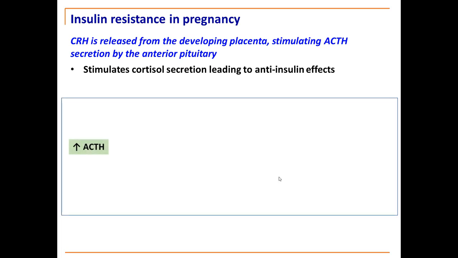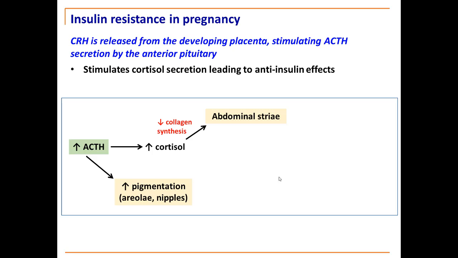So an increase in ACTH will lead to increased pigmentation around the areolae and nipples because of its melanocyte stimulating activity, therefore enhancing melanin levels. It'll also lead to an increase in cortisol, which reduces collagen synthesis, and also leads to protein breakdown. So therefore, we start to get abdominal striae or stretch marks, because remember, this cortisol also potentiates this through its proteolytic effects.